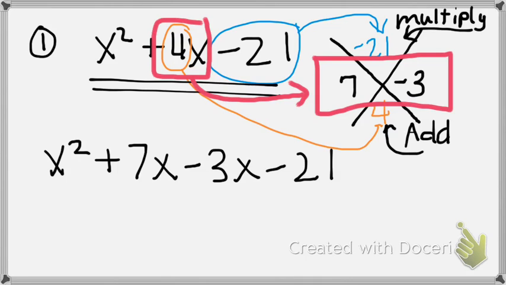I didn't change the problem, I just changed its appearance slightly. 7x minus 3x is still 4x, but it's just another way for me to write 4x. And now it's allowed me to get a 4-term problem from a 3-term problem, which means factoring by grouping is going to apply.